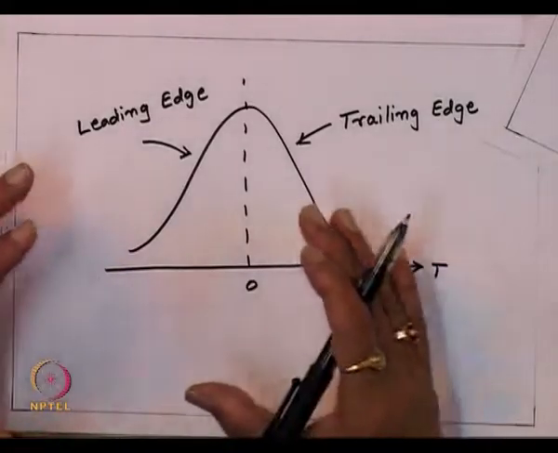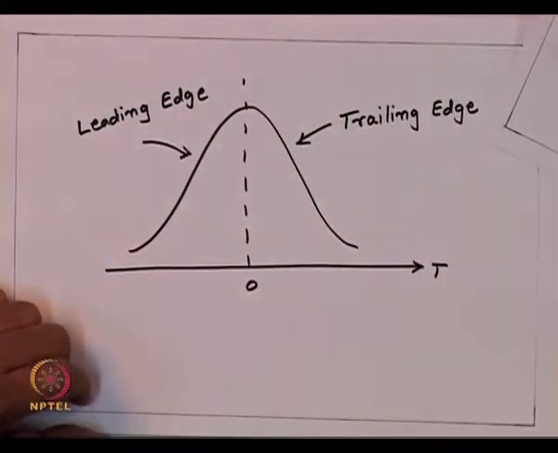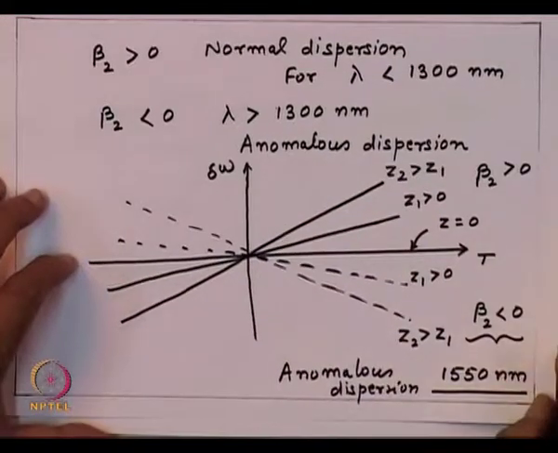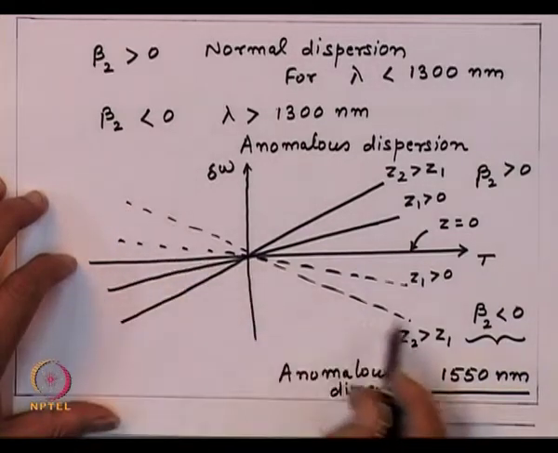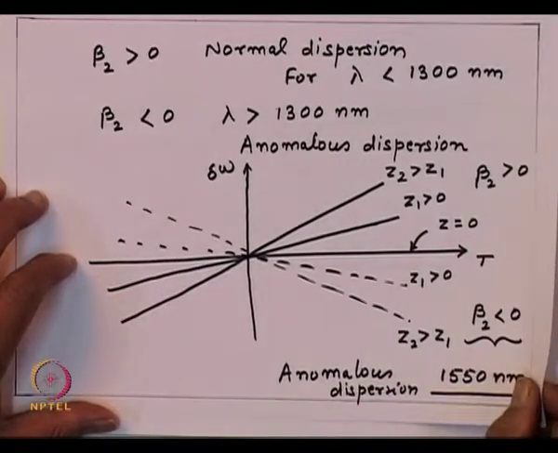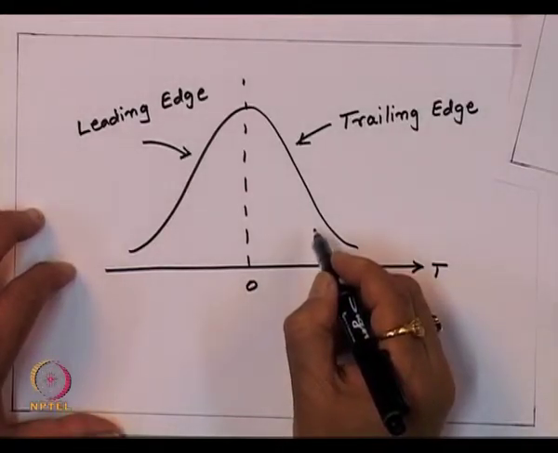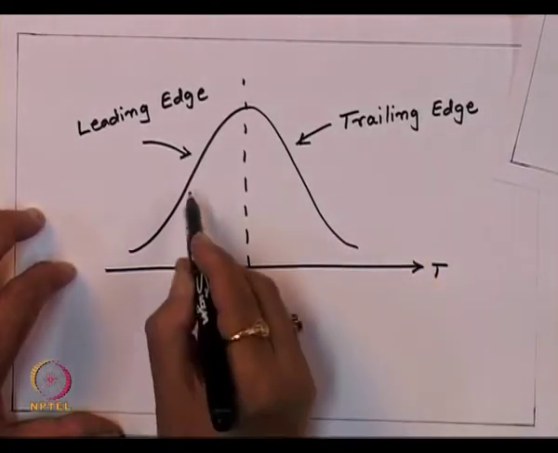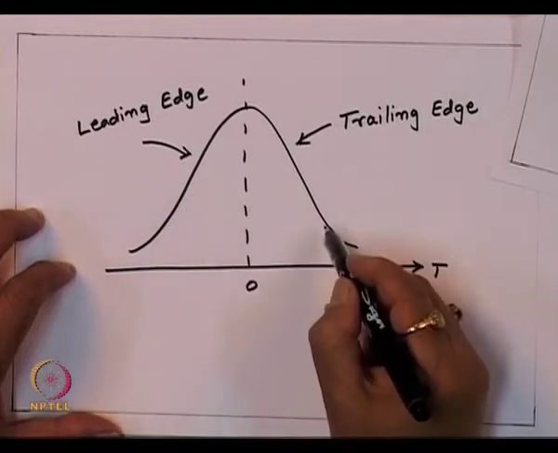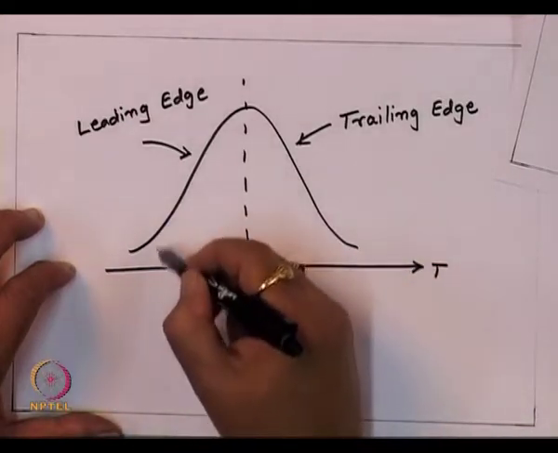But if I consider the anomalous dispersion regime, then the case will be exactly opposite, because now the frequency will be decreasing as a function of t. So, here I will have low frequencies and here I will have high frequencies.